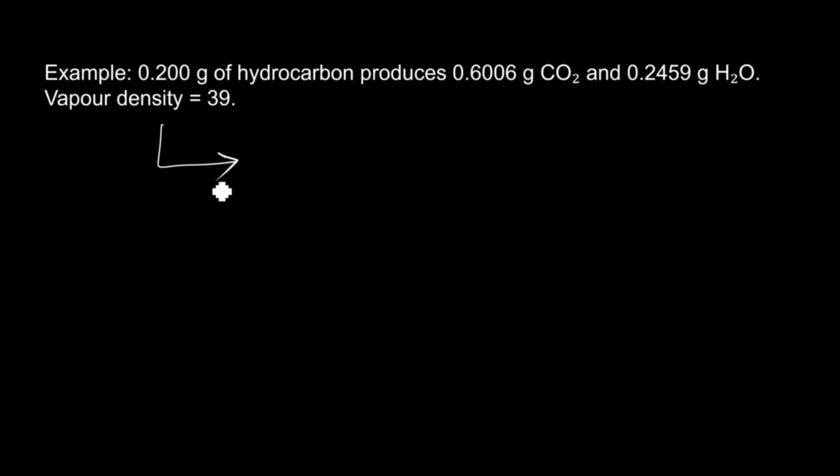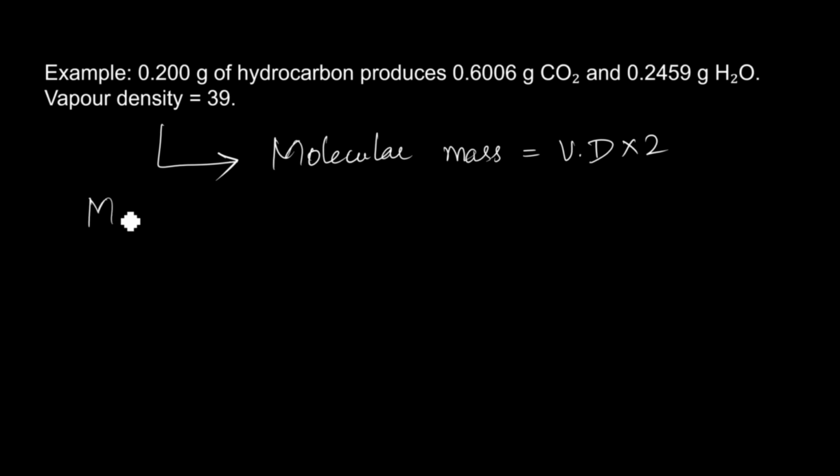Whenever they are giving you the vapor density, you can easily calculate the molecular mass from it. So molecular mass is equal to vapor density into 2. From using this, you can find the molecular formula.